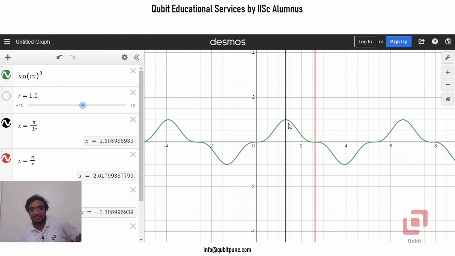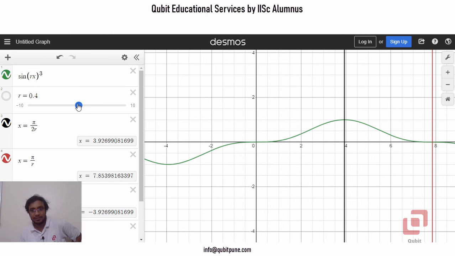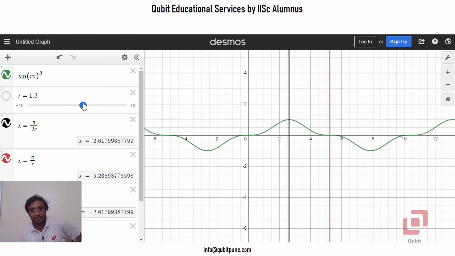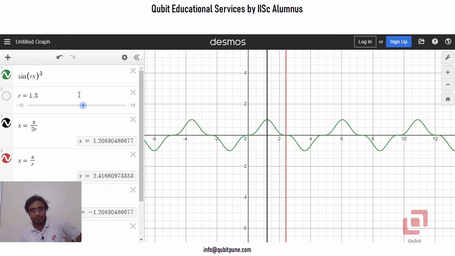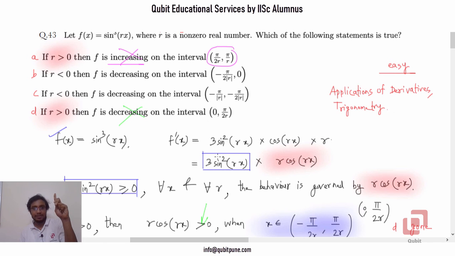The function is increasing there, and from pi by 2r to pi by r, the function is decreasing as long as r is positive. As long as r is positive, that behavior is maintained. So from 0 to pi by 2r, the function increases, so it doesn't decrease.